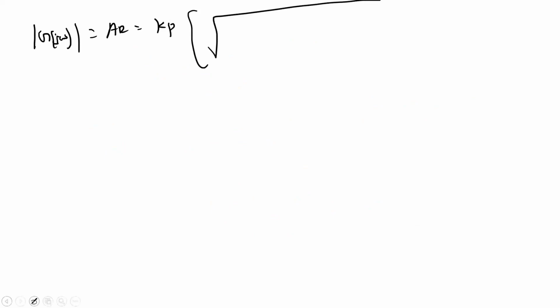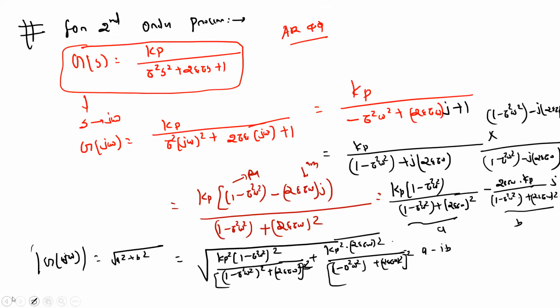So finally, what I'll get is that mod of G of j omega, that is called the amplitude ratio. Kp will come outside, and there will be a root. And finally, you will get this mathematical equation into the smaller one.